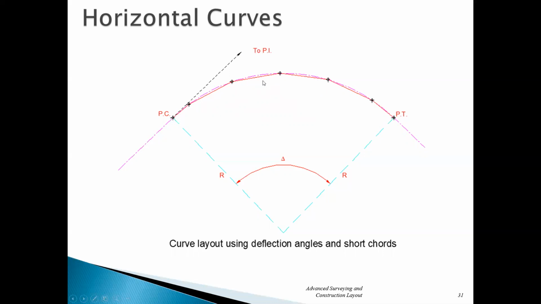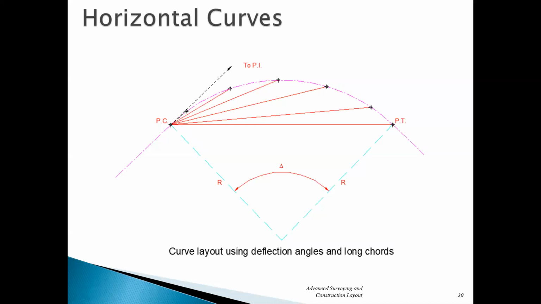This method is real nice if you're steel taping and you have 2 or 3 people: one runs the instrument, one holds the backsight point, and another measures. The long chord method we were just looking at is real nice if you have a robotic total station, or two people, one using the rod and one doing the instrument. So we're going to use both methods on Thursday.